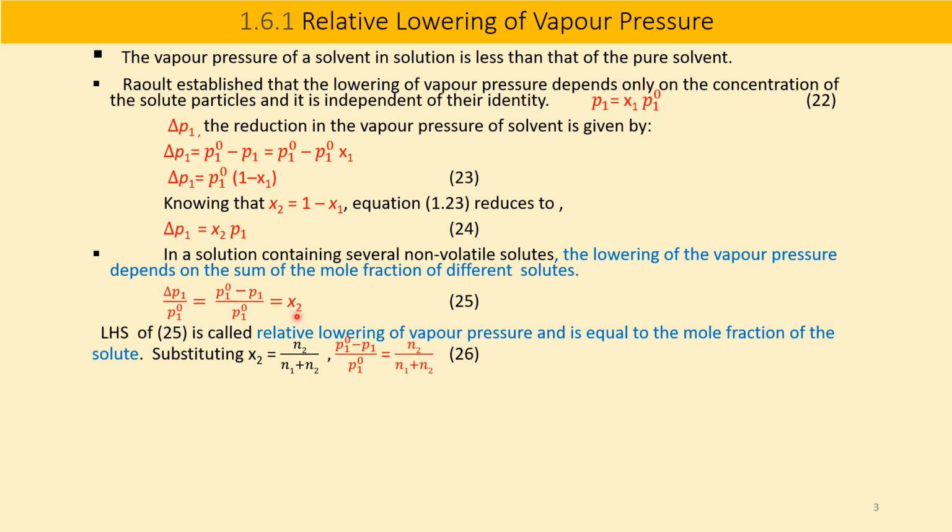Now put X2 = N2 by (N1 plus N2). That is, we are writing the mole fraction in terms of number of moles. So equation 25 becomes (P1 naught minus P1) divided by P1 naught = N2 by (N1 plus N2).